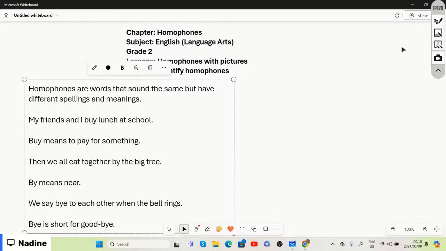And if we look at another few words that are homophones, we said homophones are words with the same sound, but they have different spellings and meanings. Let's look at a few words that are homophones.